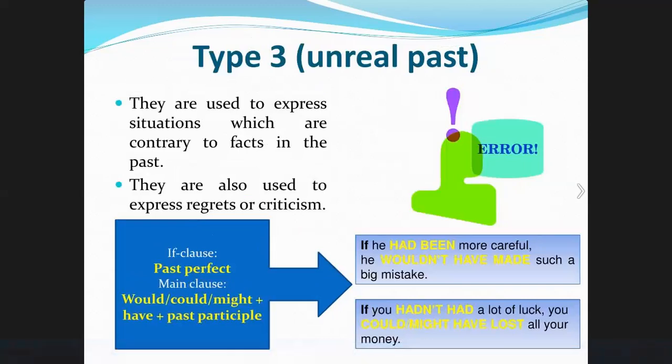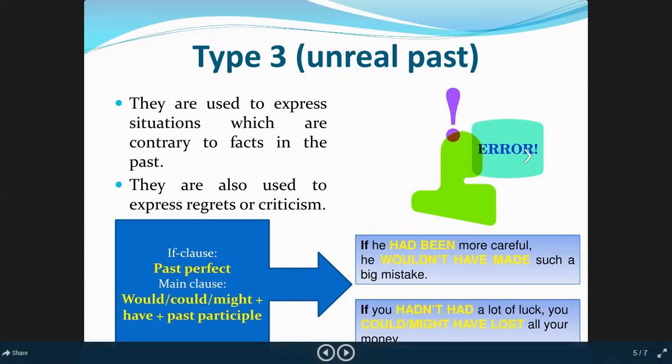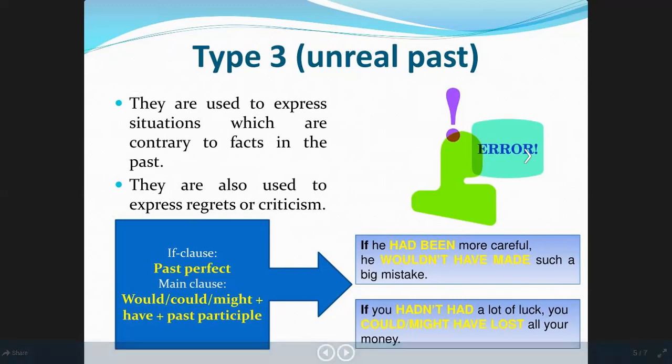Type 3 conditional sentences. In the type 3 conditional sentences, we'll observe the structure of sentences where we are talking about unreal situations of the past time. The third conditional sentence is used to talk about things which did not happen in the past.